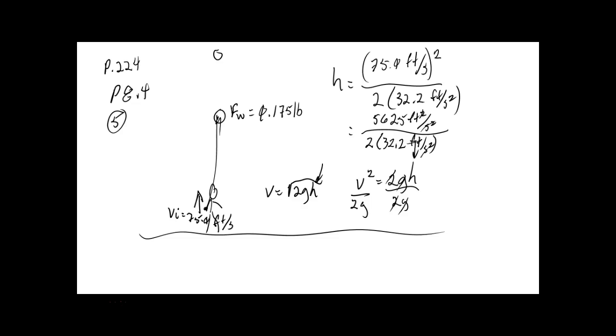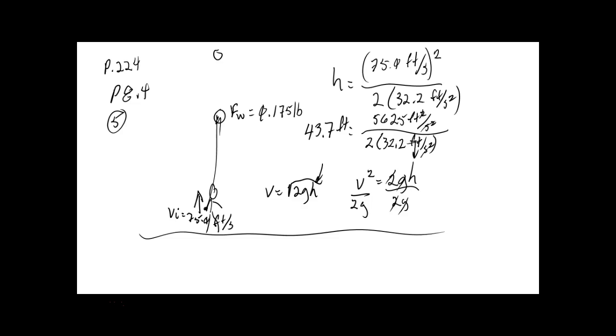Ooh, that's too much, isn't it? Wait, no, that sounds right. Okay, say again. 43 point. Do you want me to round it? Okay, yeah. 0.7. That sounds good. Feet. So that's how high it's going. Okay? Notice you didn't use the weight of the ball at all.